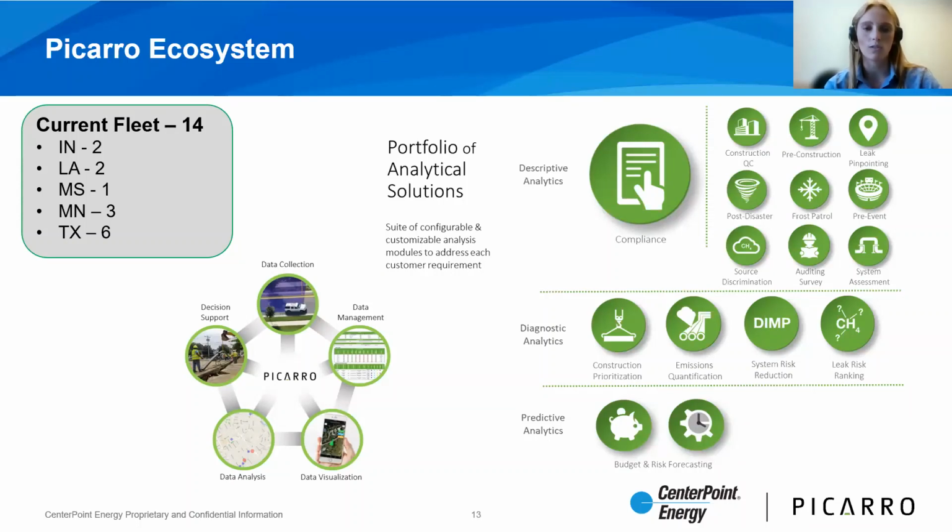Basically, we're using that emissions data, and Picarro, through their analytics, is able to estimate leak density on our assets and by area per mile, of how many leaks they think are in that specific leak survey grid. And this is really where we think a huge benefit is to our DIMP program and main replacement program.